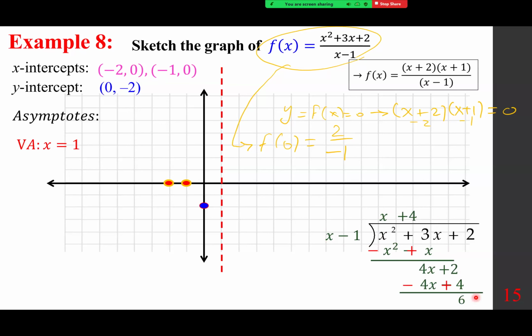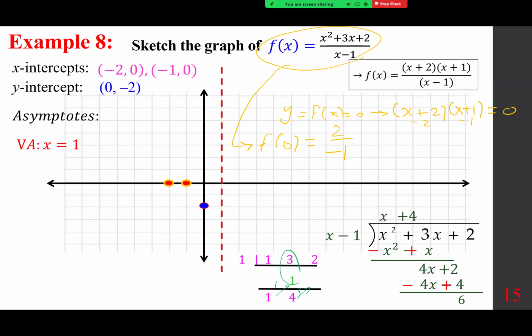This can be done by synthetic division. So you write 1, 3, 2, and for this one you put 1. I want to show you both methods just to remind you of what we've done. The 1 drops. Then you multiply by 1. Always multiply by this number. Then add these two, you get 4.